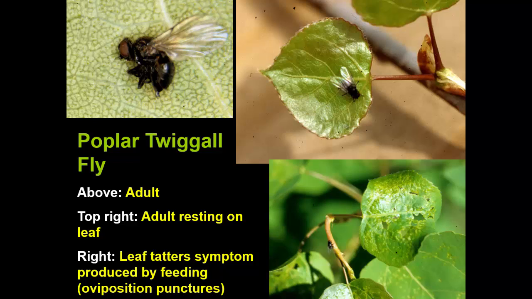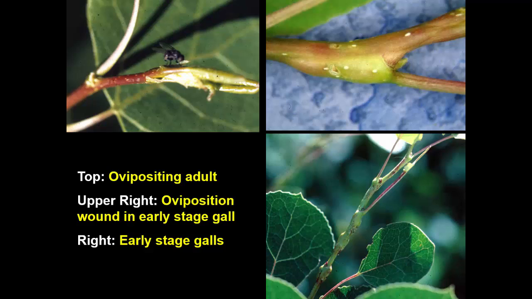But after they do that, if they have fed and they're ready to lay eggs, they will go and lay eggs into the twigs. And here's a female laying an egg in the twig of a developing aspen. Normally you don't see much, even for the next couple of weeks.